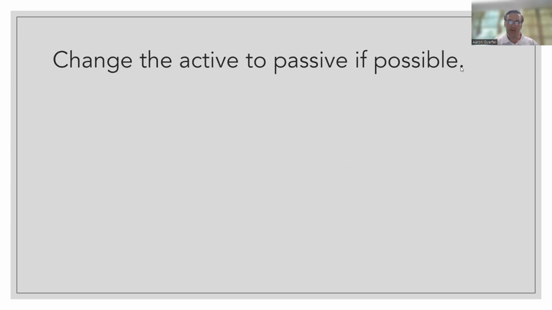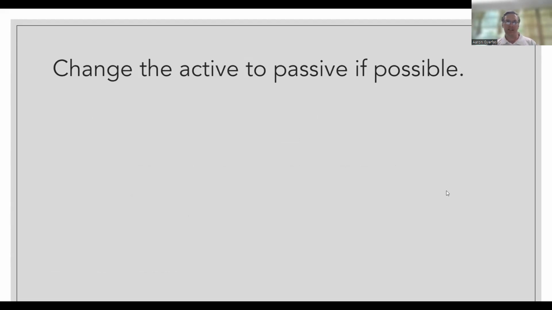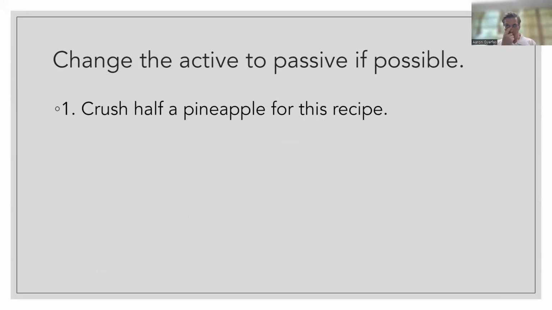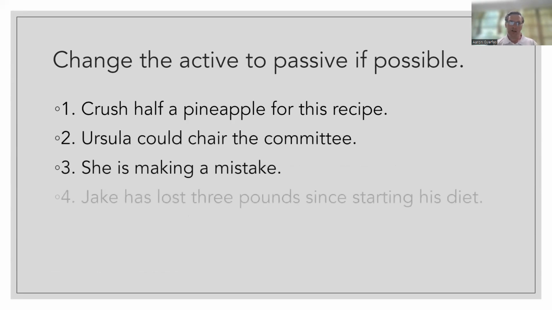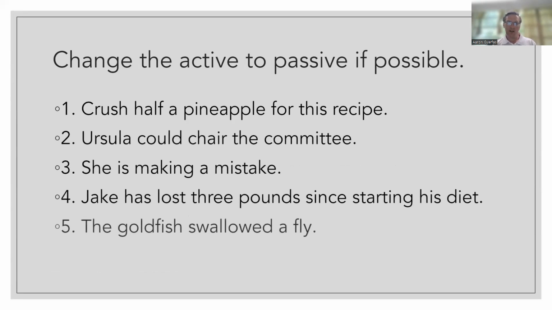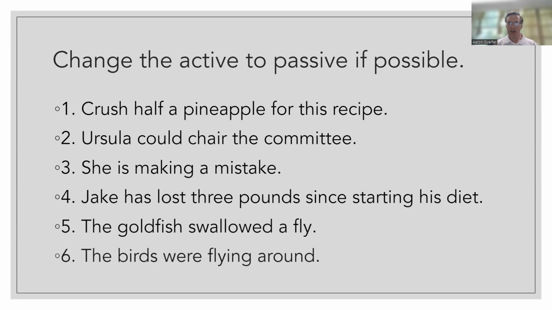So let's see if we can change any of these sentences from active to passive. All right? I'm going to give you several sentences. I'd like you to pause the video now. And again, we're going to take what would be the direct object, if there is a direct object, and move it into the subject position.